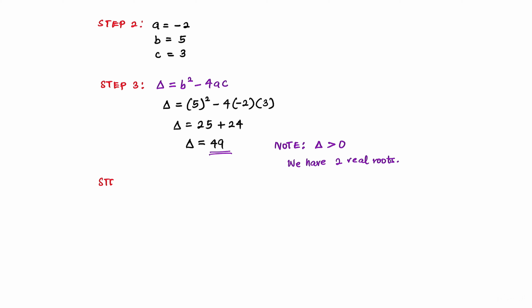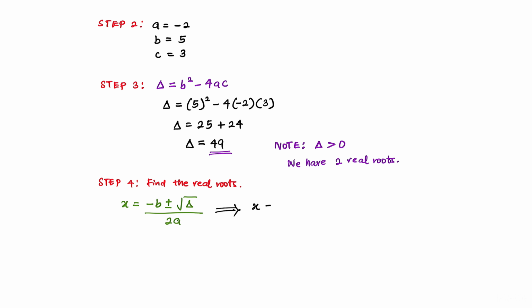Step 4. We need to find the roots. Find the real roots. So we know that x equals minus b plus or minus square root of delta divided by 2a.